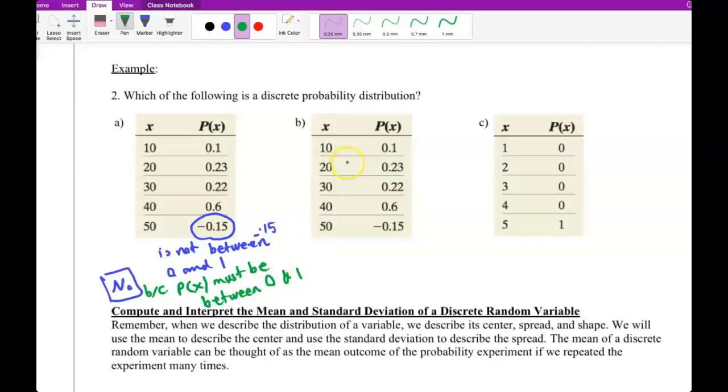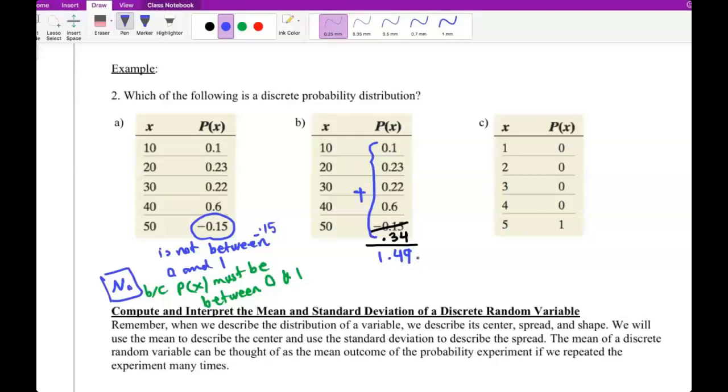Now part B. Okay, here is a typo. I have exactly the same thing. I'm changing that one. So let's change just one to, for example, 0.34. Okay, so all these numbers are between 0 and 1. So we passed the second rule. Now let's try the first rule, adding all these numbers. That is equal to 1.49.